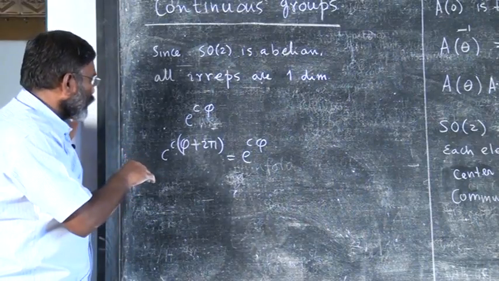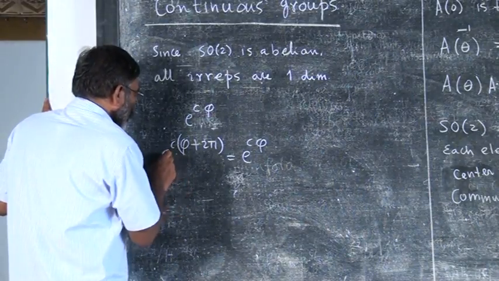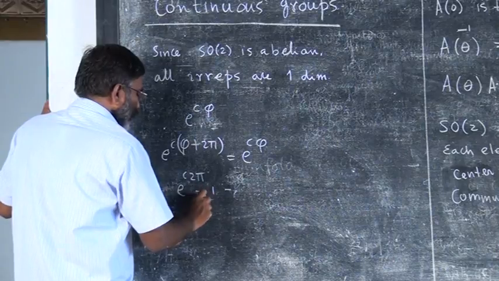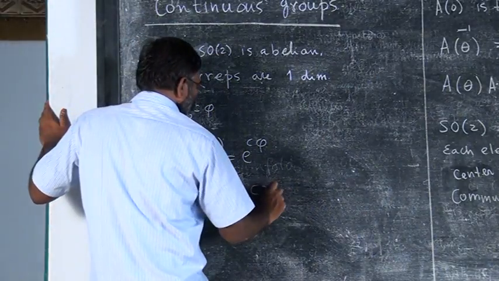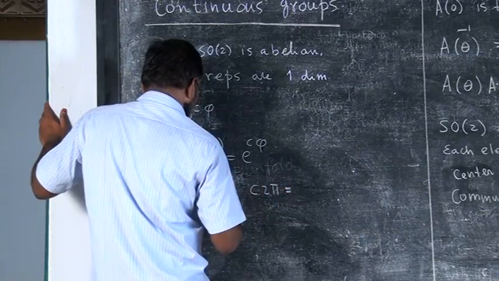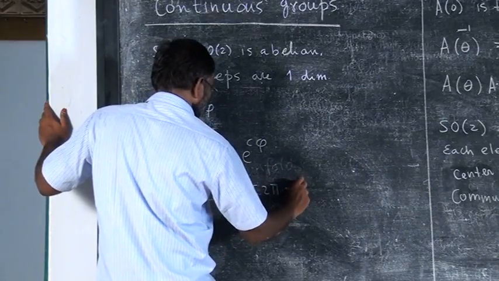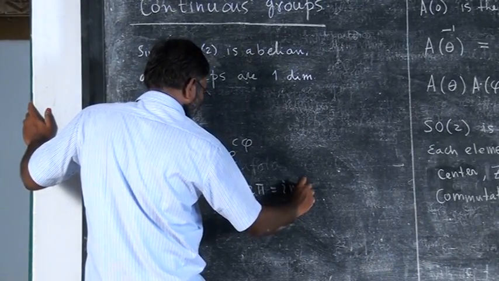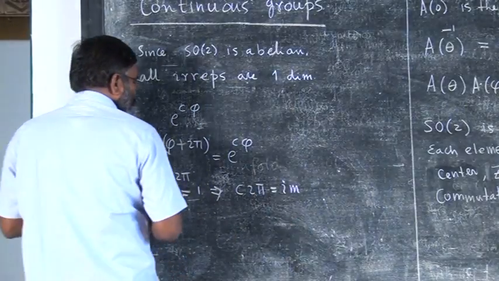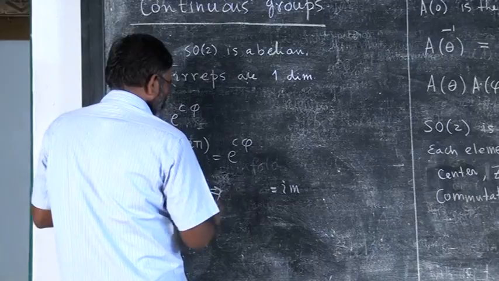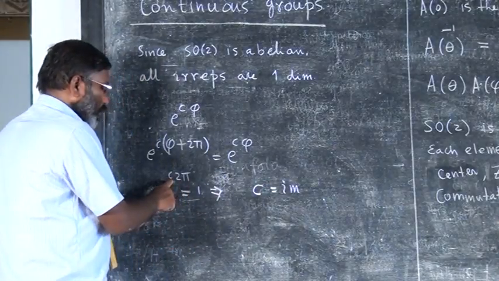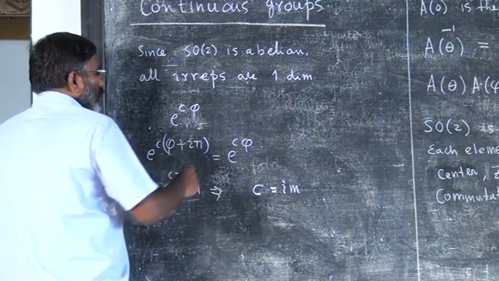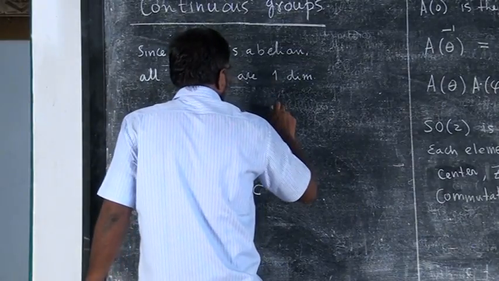So I want e power i c 2 pi to be 1, correct? That implies c 2 pi should be equal to 2 pi i m, so c should be equal to m. If I have c as an integer m, then I will get it. So the representations are of this form, D m.